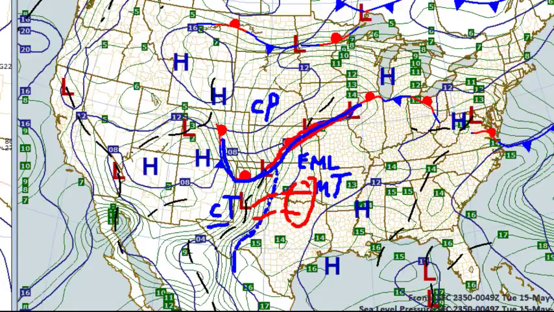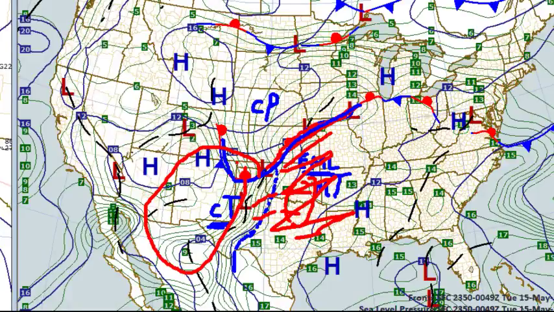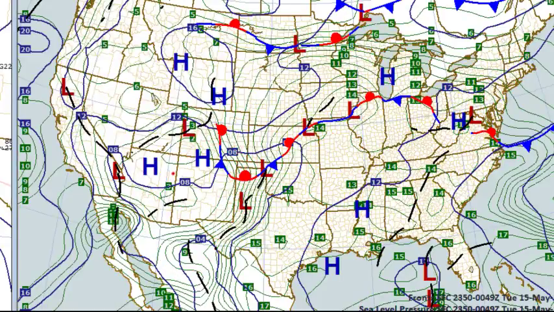You don't see that continental tropical designation very much, but you do see EML a lot. So EML is basically what's over the top of this and also at the surface there in New Mexico and Arizona. And that is an air mass that forms due to contact with very hot desert terrain out in that region.